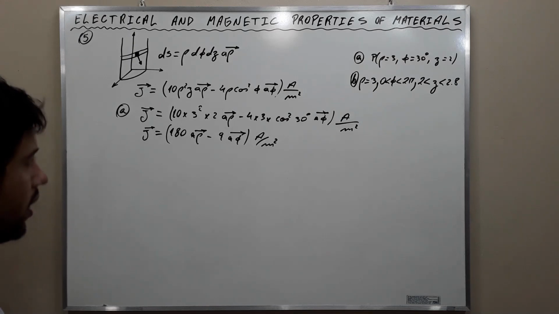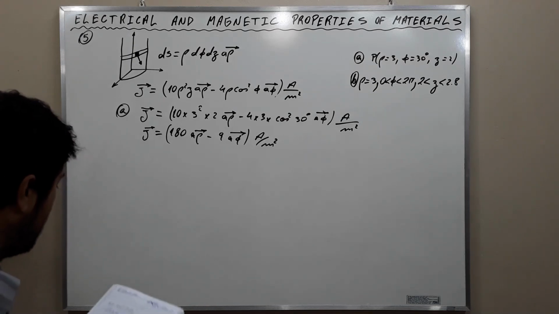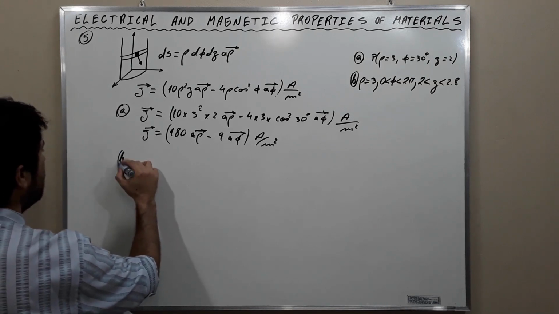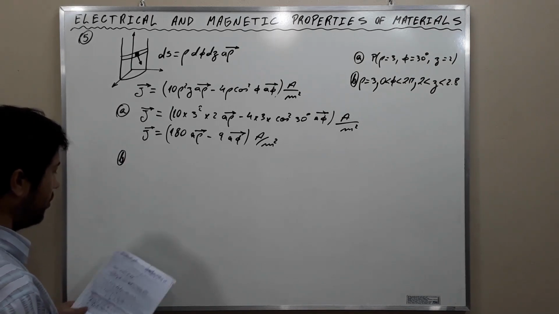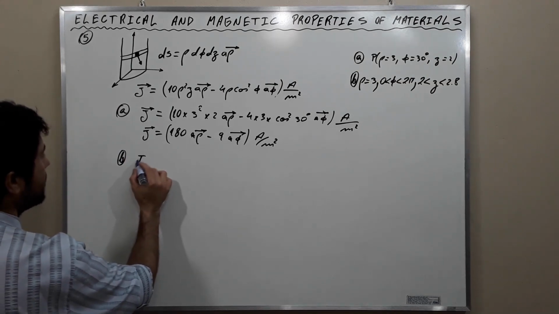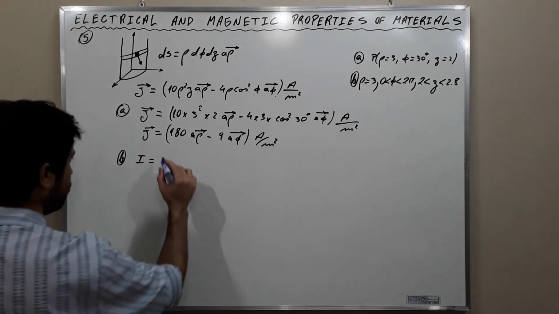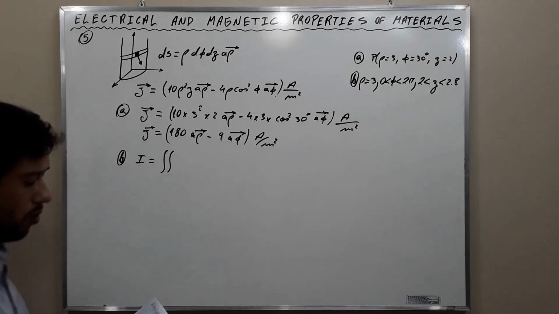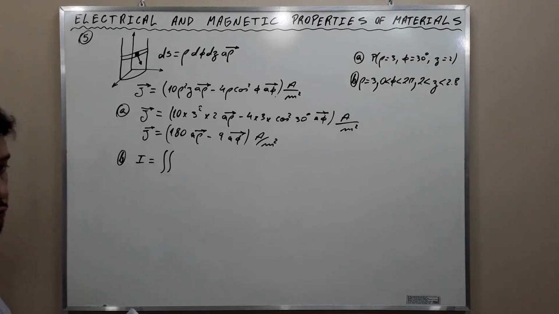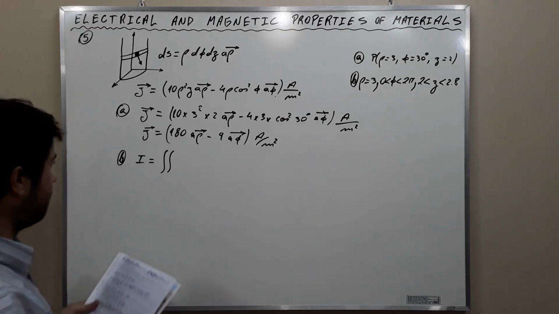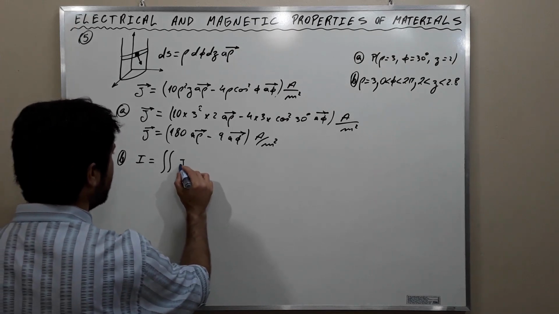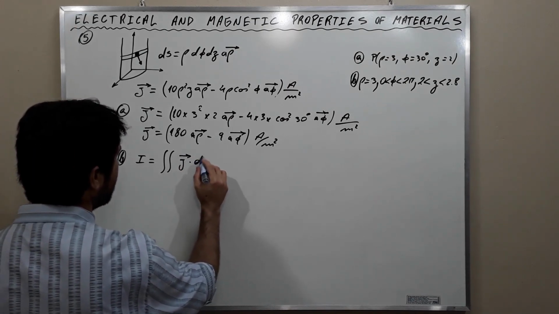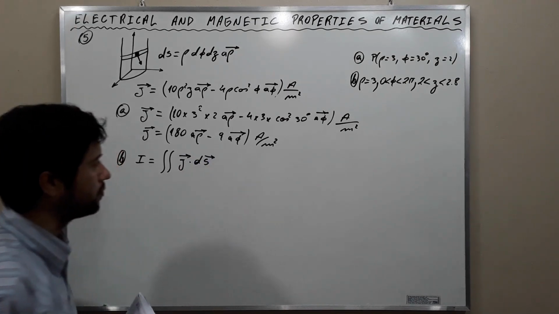Now let's calculate letter B. In letter B, we're going to use that I is equal to the double integral, or if you prefer, the surface integral of J dot ds.